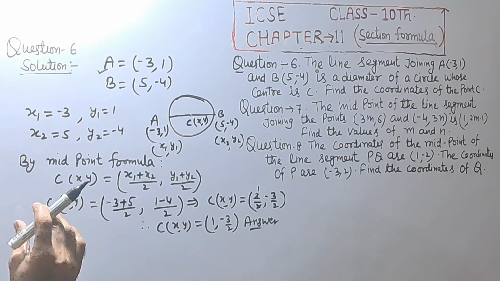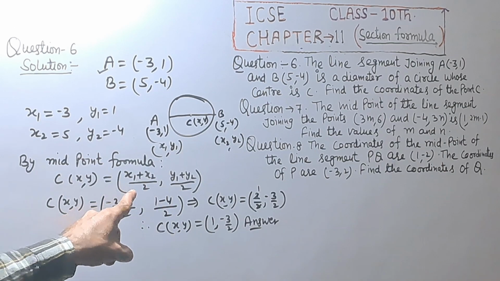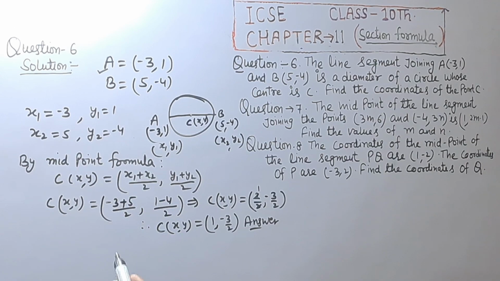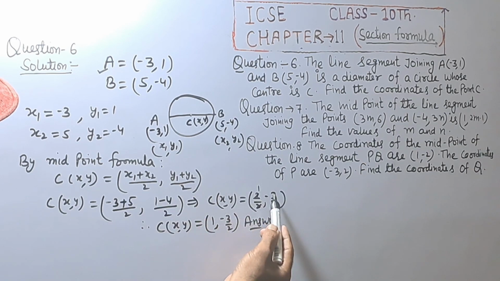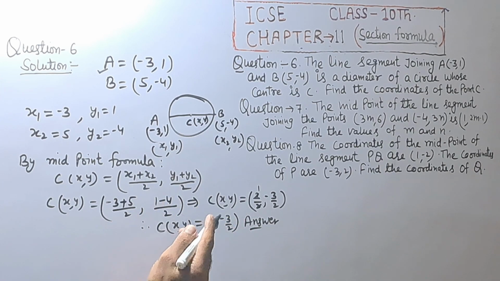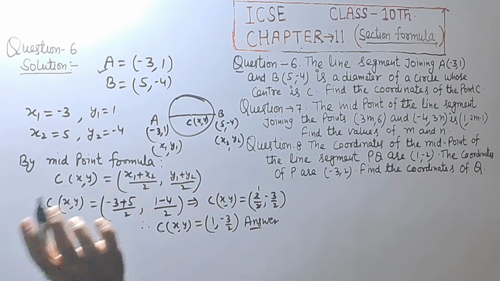So by the midpoint formula, C(x, y) is equal to ((x1 + x2)/2, (y1 + y2)/2), that is (-3 + 5)/2, which is 2 upon 2 is 1, and (1 - 4)/2, which is -3 upon 2. So we get the point C(x, y) is equal to (1, -3/2). Answer.